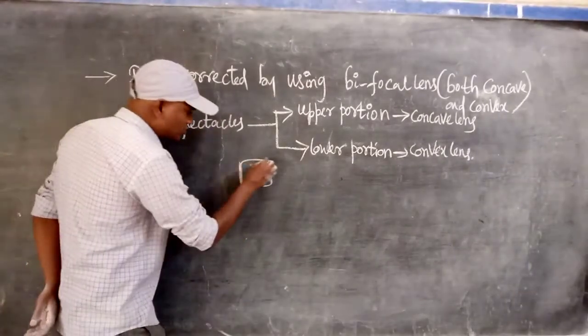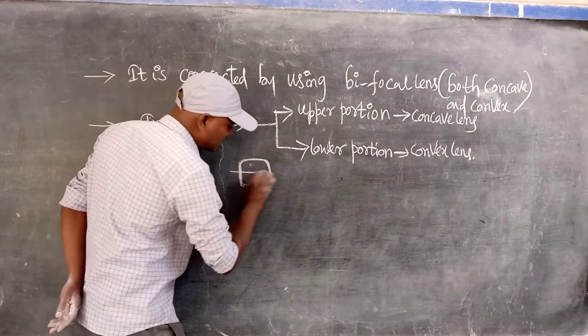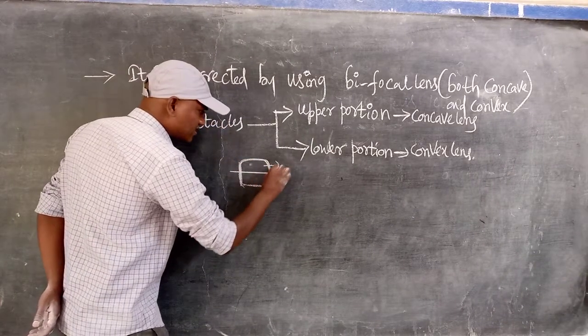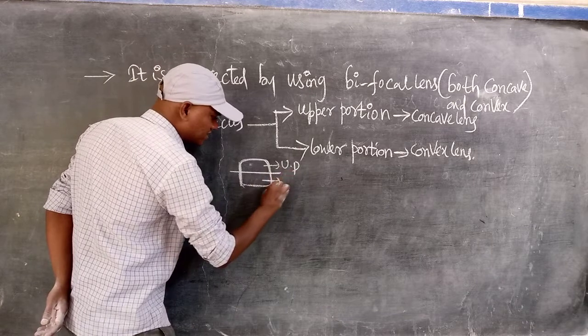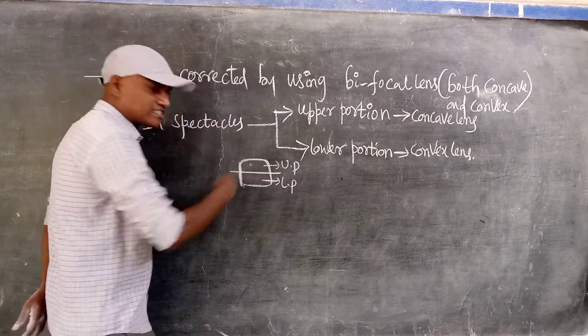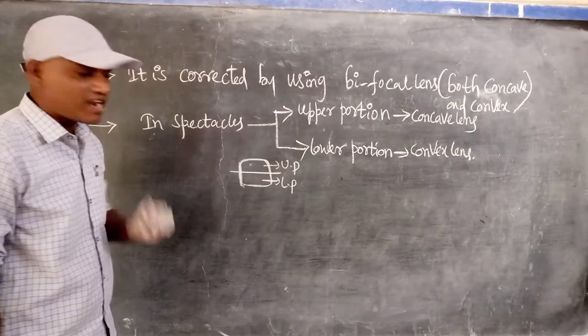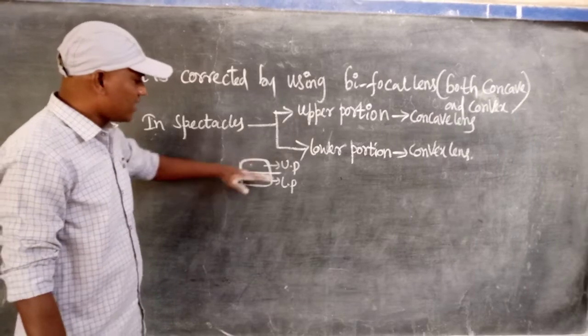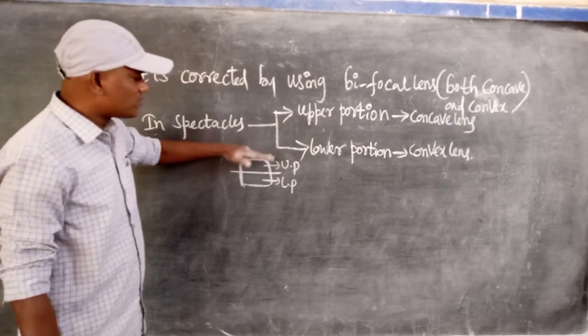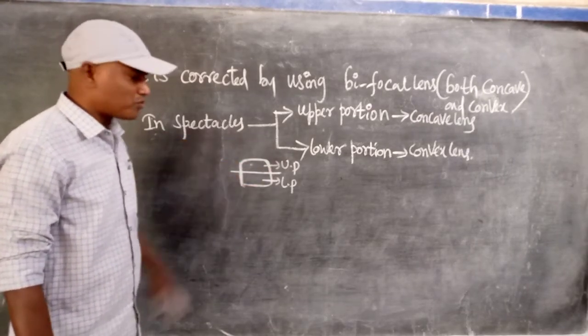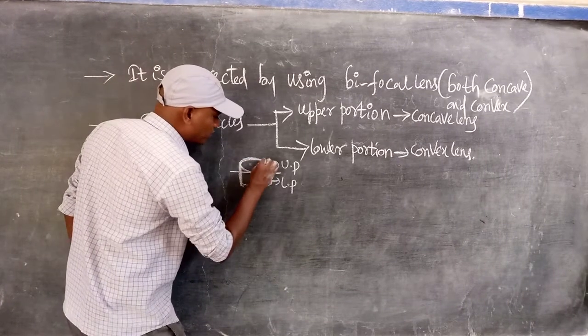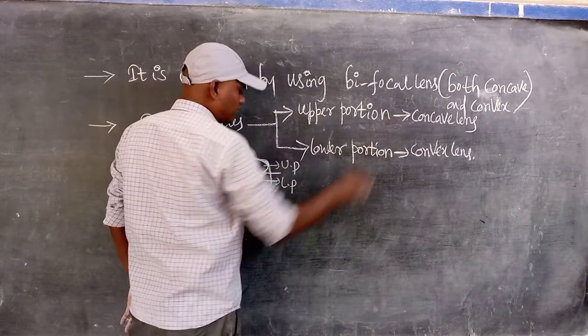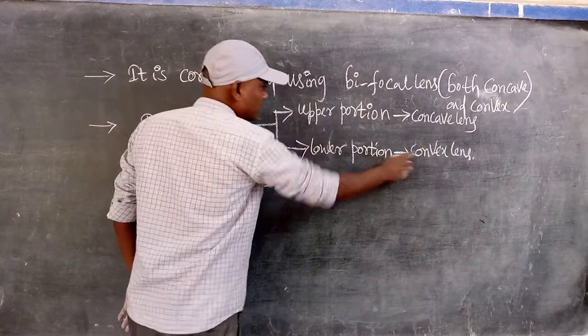In this total lens, we consider half of the part. This is the upper portion, this is the lower portion in the specs. In the upper portion, which lens is used? Concave lens. In the lower portion, which lens is used?